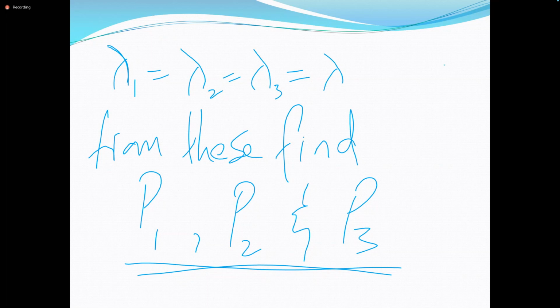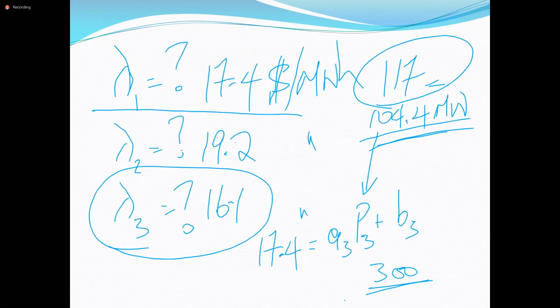Excuse me, Dr. Isaac. Yeah, I'm listening. Sir, could I ask something about the previous question that we were doing, just for clarification? Sure, go ahead. Sir, when we differentiated the cost function to get lambda, we would use A instead of 2A, right? Differentiate the function and the coefficient you get, that's it.